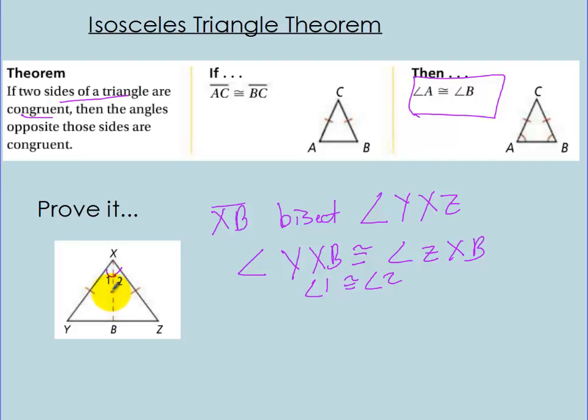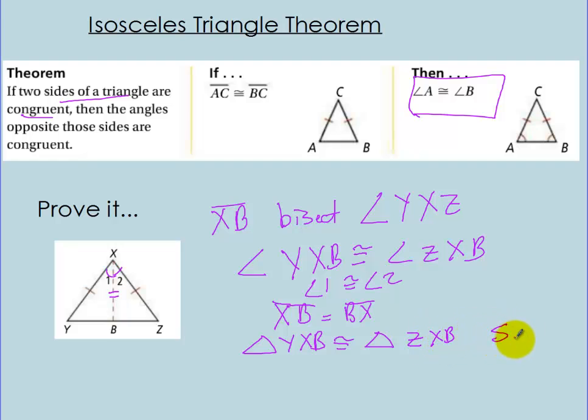We can also say this side right here, XB, that's formed from the bisector, is matching on both triangles, so XB is congruent with BX. And because I have a side that's congruent, an angle that's congruent, and a side, we can say that triangle YXB is congruent with triangle ZXB.